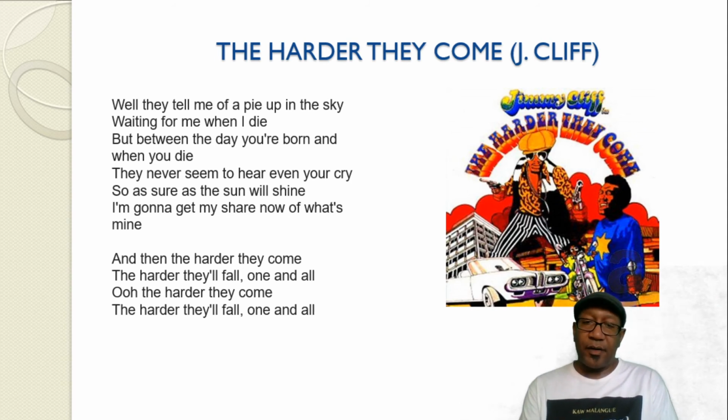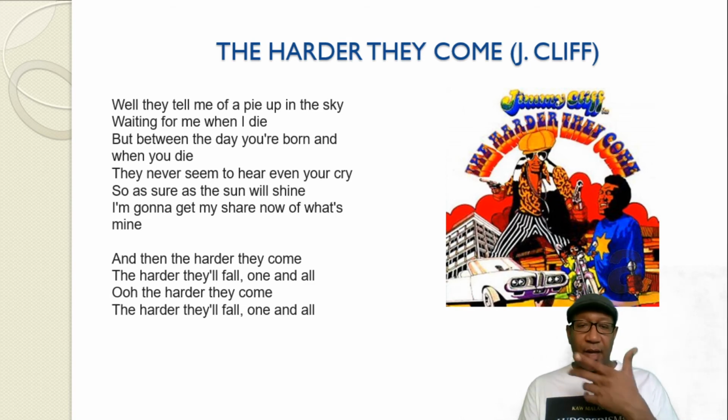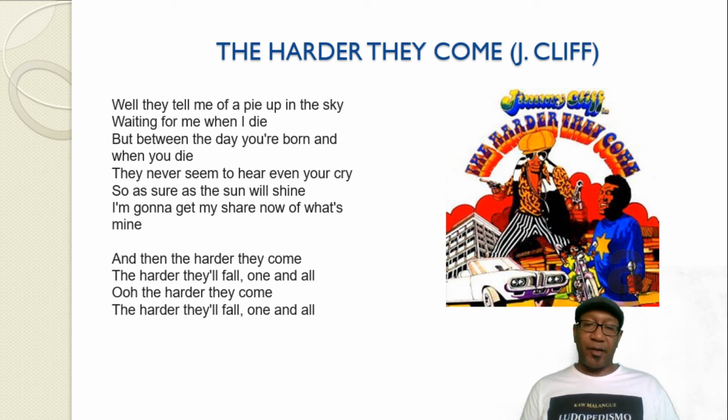the lyrics of a song named "The Harder They Come" by Jimmy Cliff. And as you can see, you have here this structure I showed you about the parallel and gradual increase. In this case, you have a structure that shows the gradual increasing of something.